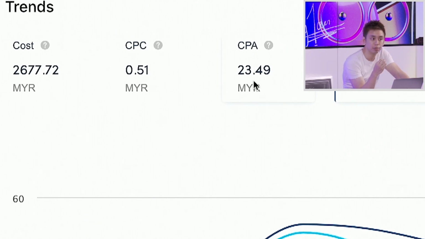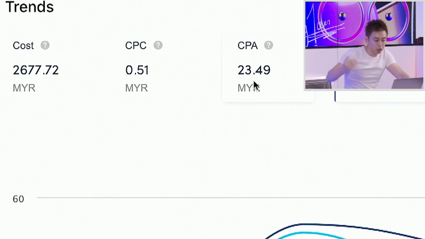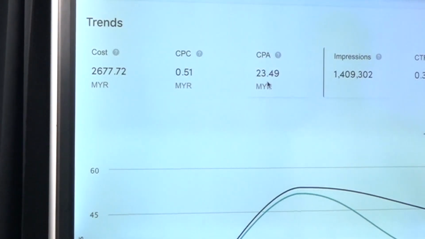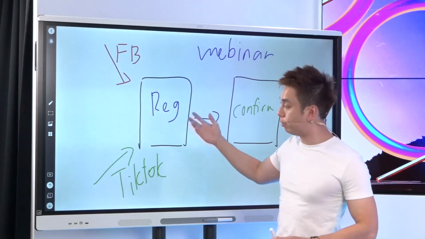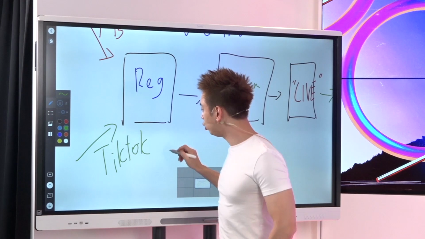Now, this action could be a sale, it could be a lead, and in this case, because of the funnel that I showed you, the action was basically registering for a webinar, okay? So this is basically about $8. Okay, so heading back over here, we can see that the action that we set, the conversion for TikTok, is approximately $8.